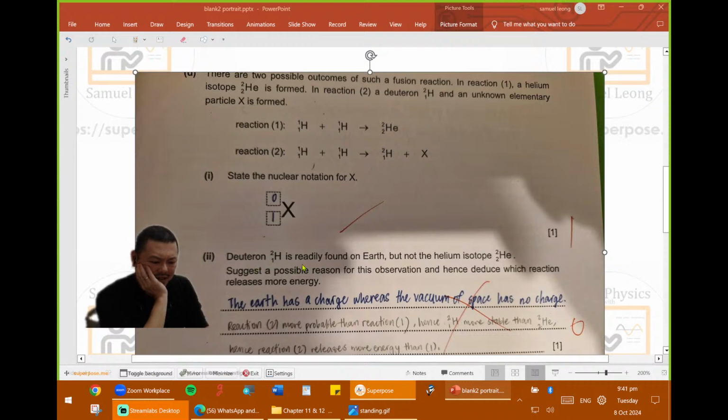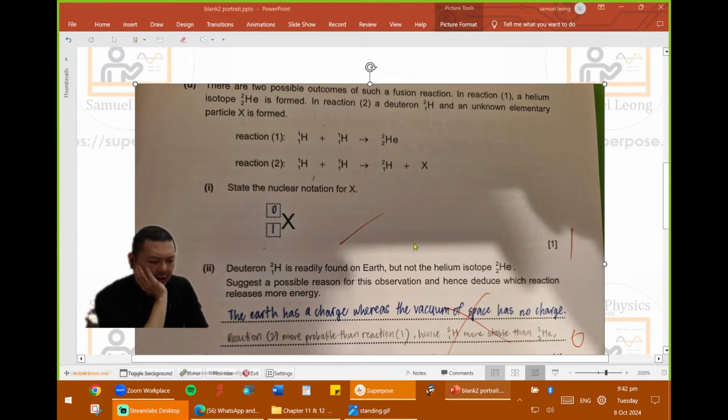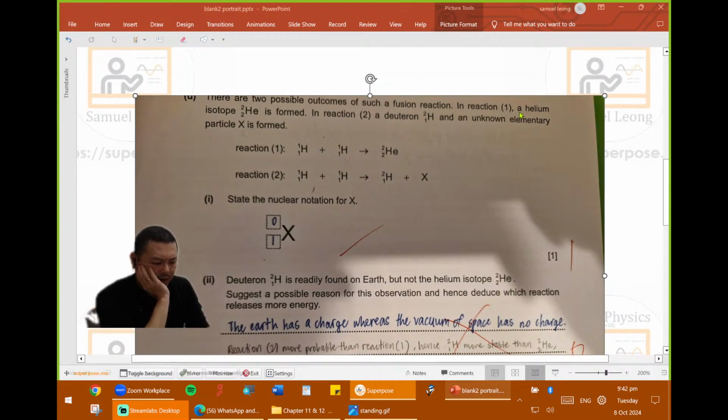Wait. Deuterium is readily found on Earth, but not helium-2. Helium-2, what the hell? Sorry, there are two possible outcomes. Helium-2 is a very impossible particle to exist.